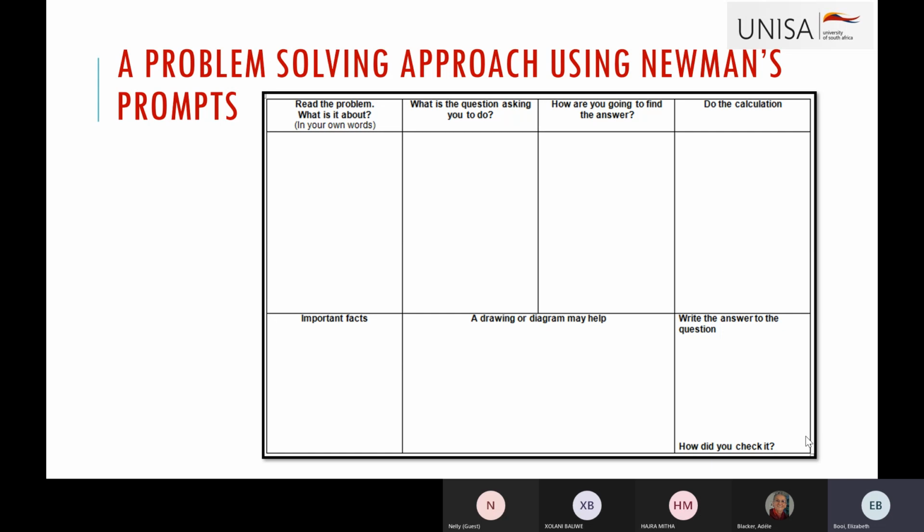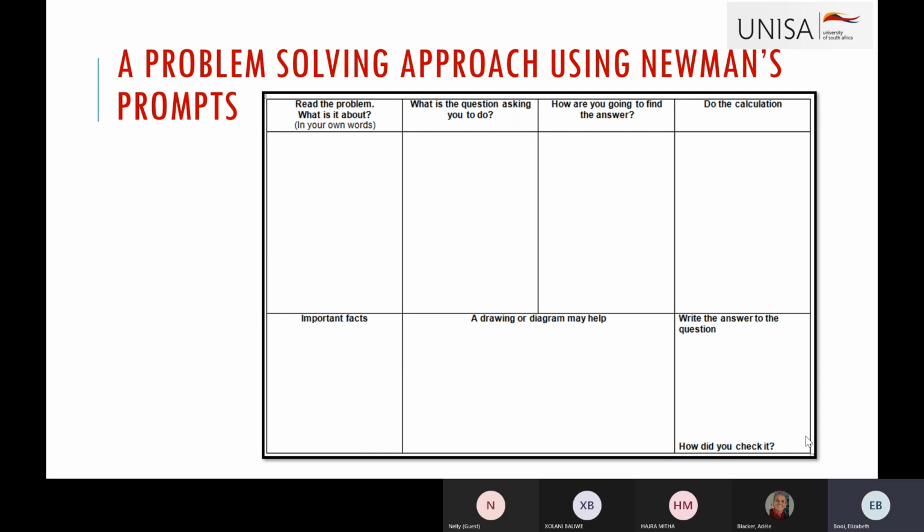Is it the standard deviation from the population or from the mean? You identify those facts because they will help you in understanding what type of formula, or what type of table, you will need to use.